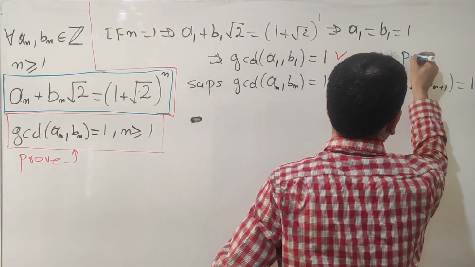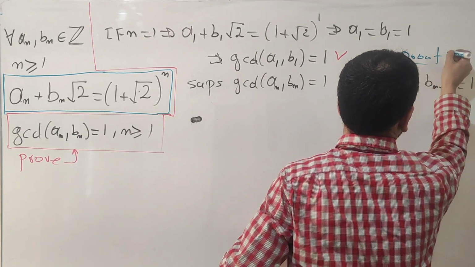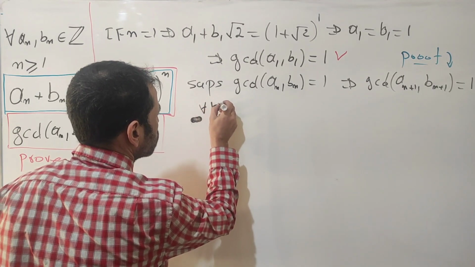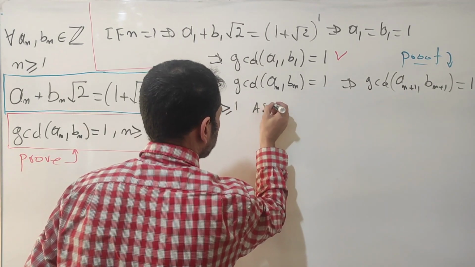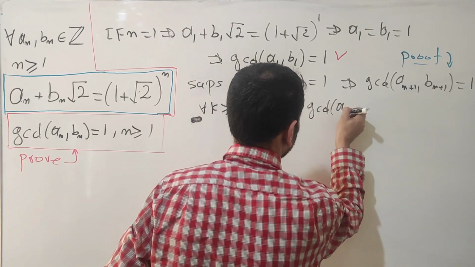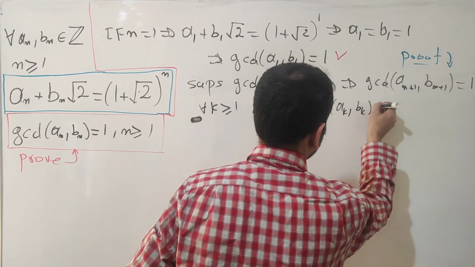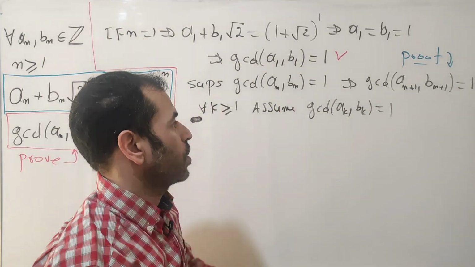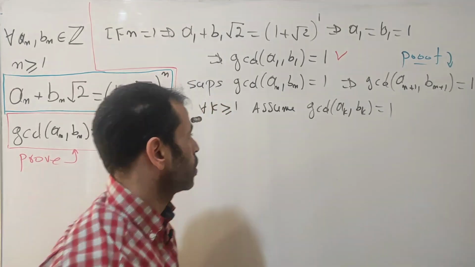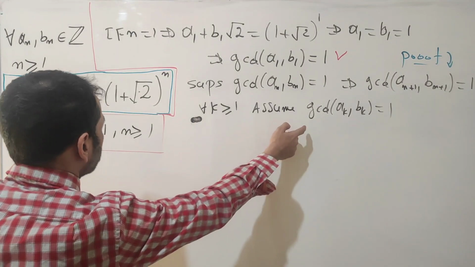Proof: for all k greater than or equal to 1, assume that the GCD of a sub k and b sub k equals 1. We need to prove the GCD of a sub k plus 1 and b sub k plus 1 equals 1. Let's take this as a true assumption and work on it.